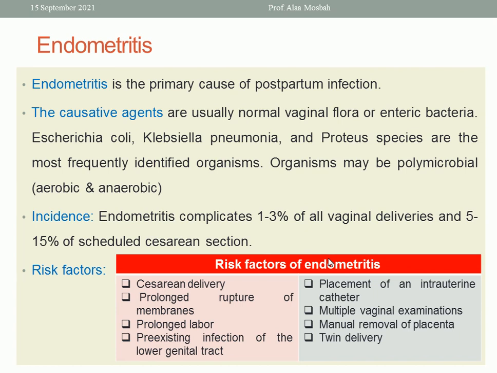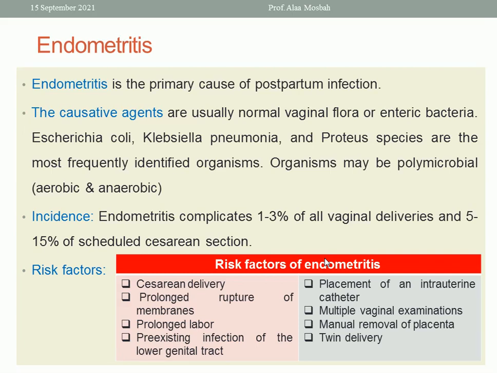The causative agents are usually the normal vaginal flora or enteric bacteria. E. coli, Klebsiella pneumoniae, and Proteus species are the most frequently identified organisms, and infection may be polymicrobial, aerobic and anaerobic, as I mentioned before.